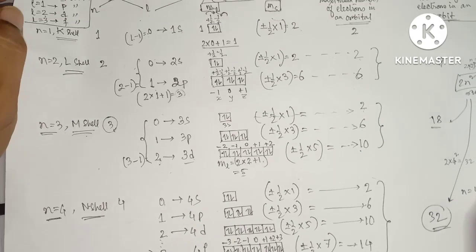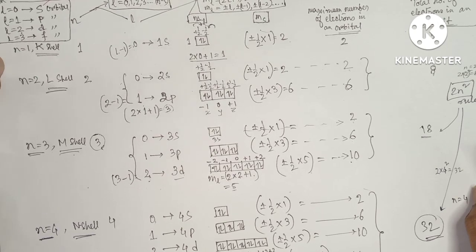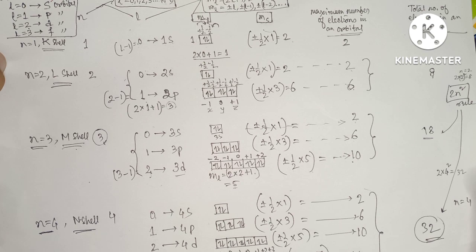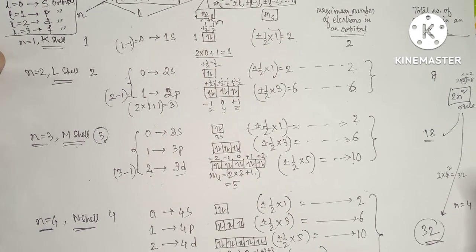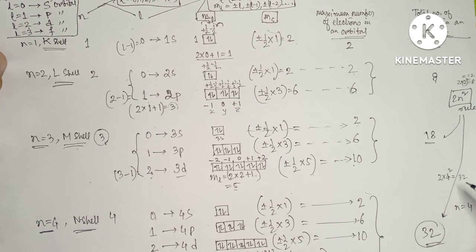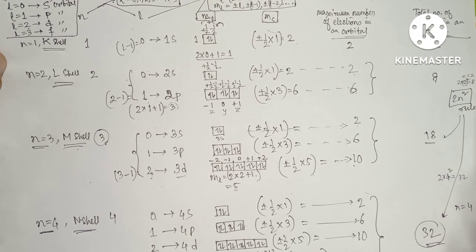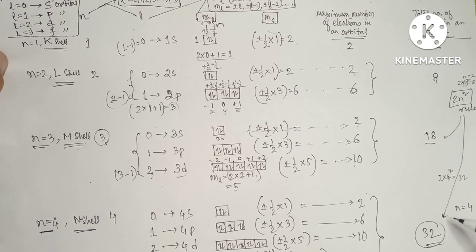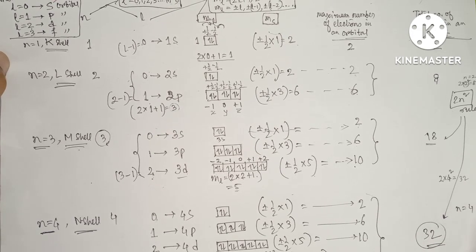Okay guys, thus we can see the arrangement of electrons in each orbital, that is the maximum number of electrons that may be present in each orbital, and the total number of electrons in each orbit. So in the first orbit the maximum number of electrons is 2, second orbit 8, third orbit 18, like this. And in the fourth orbit the maximum number of electrons is 32.